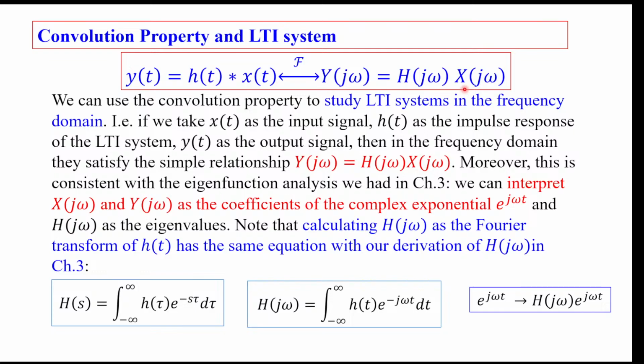Okay. So this big Y equal to big H times big X is analogous to chapter 3. We have BK equal to big H of something times AK. I think it should be JK omega naught here, if I recall correctly.